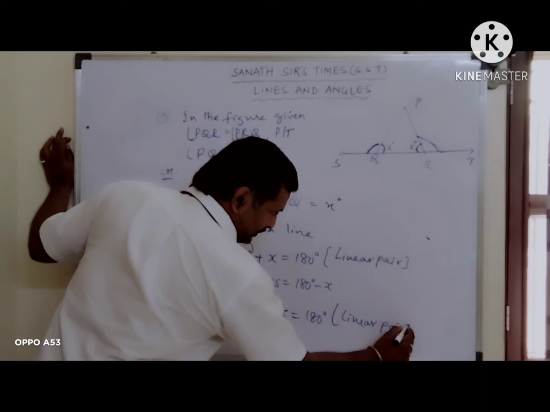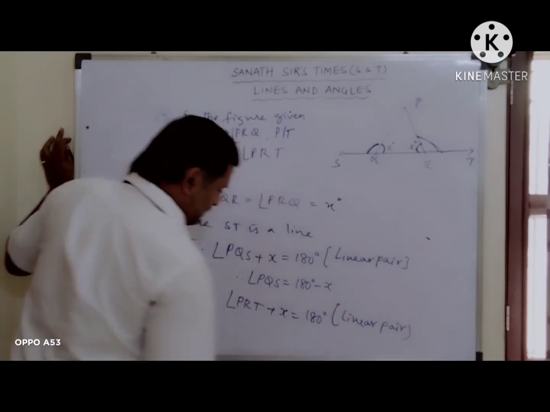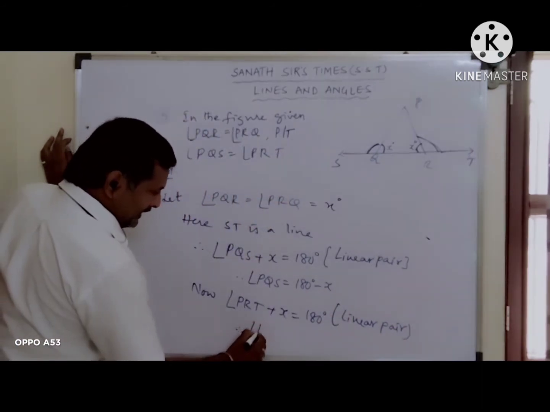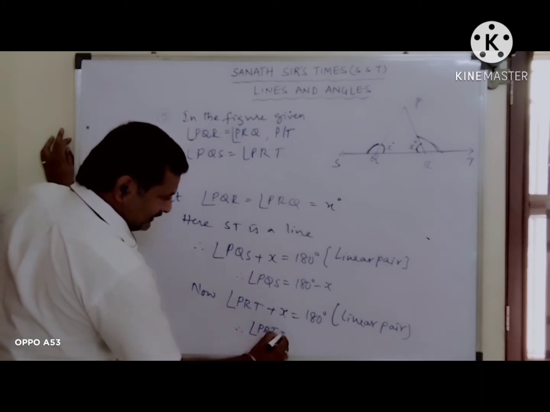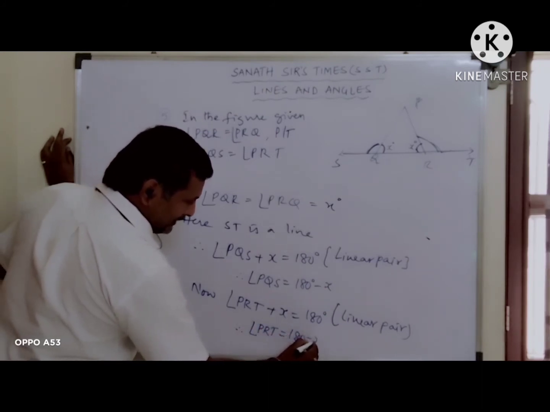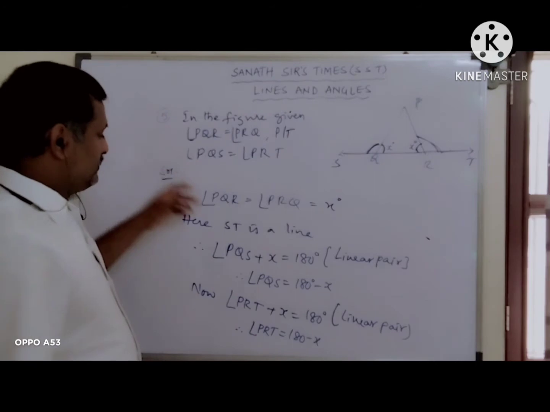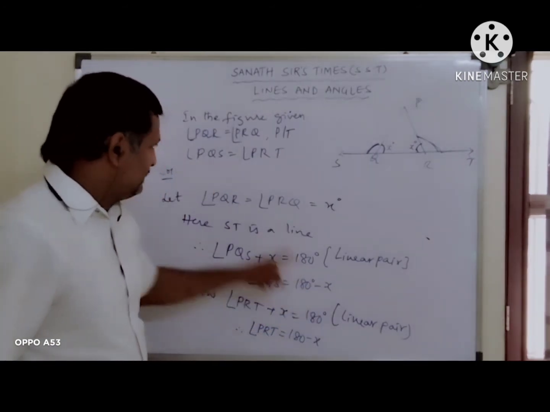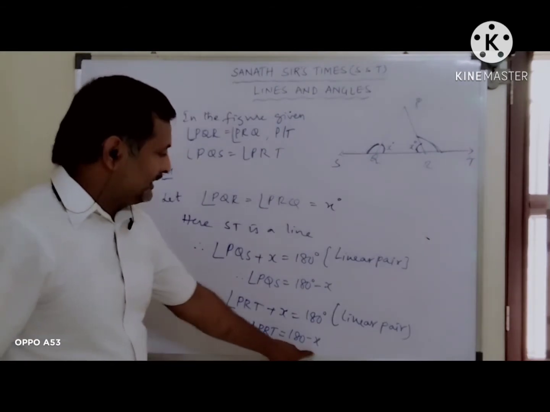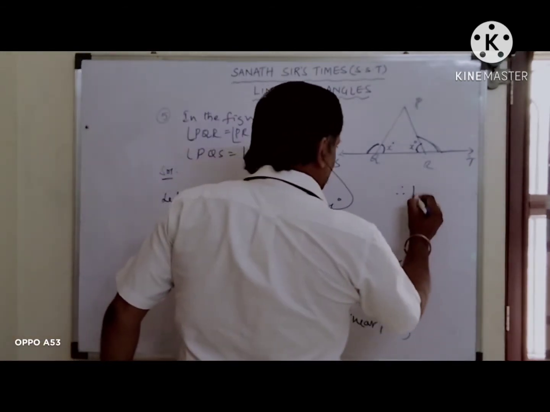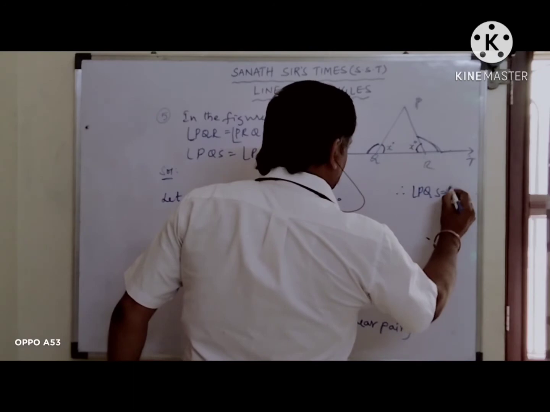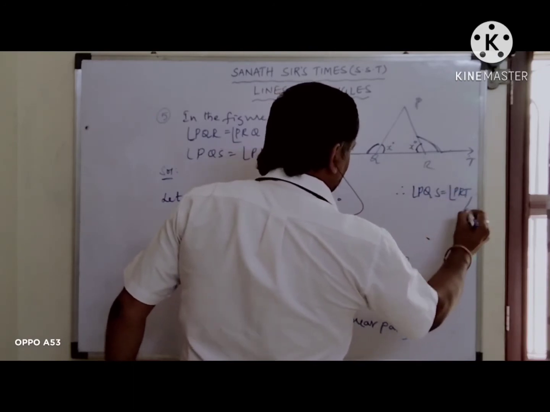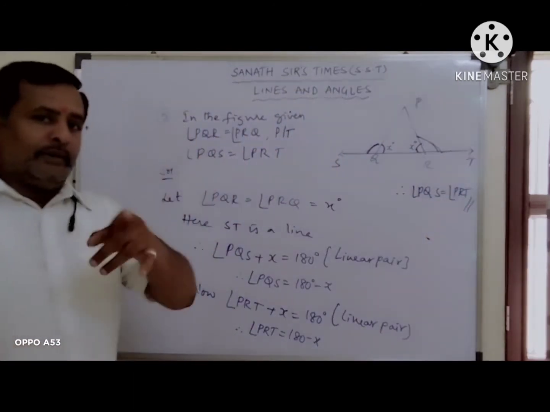This is the definition given to you of a linear pair. So from this, angle PRT is also equal to 180 minus x. So PQS is 180 minus x, and PRT is also 180 minus x. Therefore, angle PQS is equal to angle PRT. This is question number 5 from your textbook.